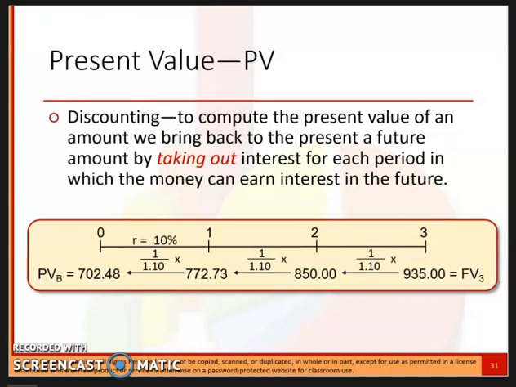So what that tells us is with our 10% opportunity cost, or rate of return, the $935 is worth more than the $700, because when we did the future value calculation we got 931.70. Here we got 702.48 versus 700.